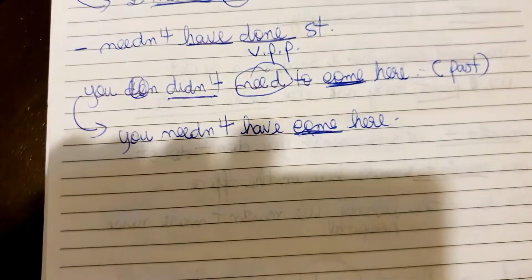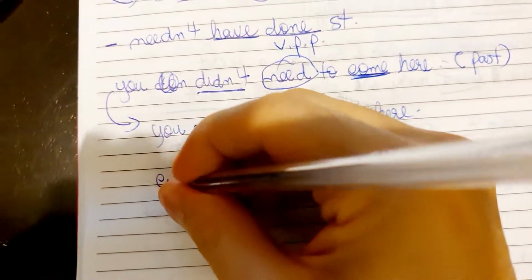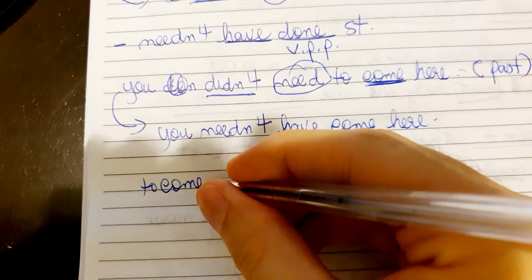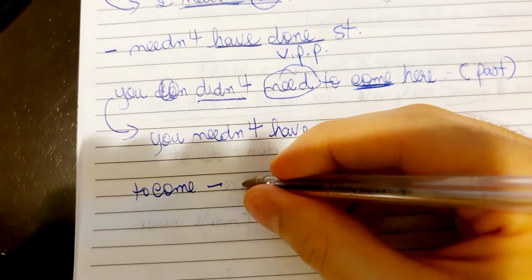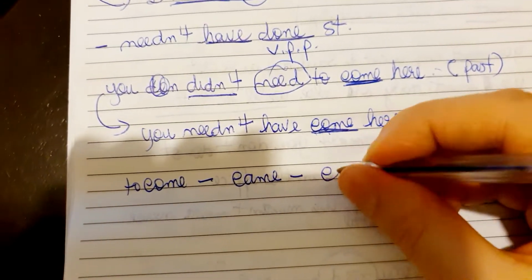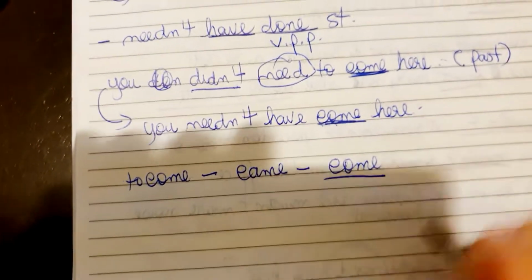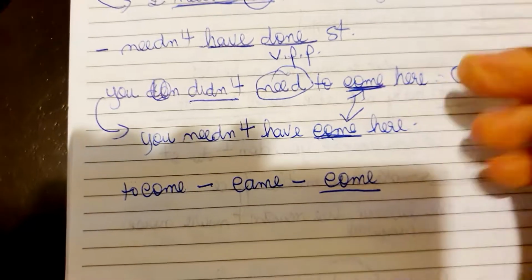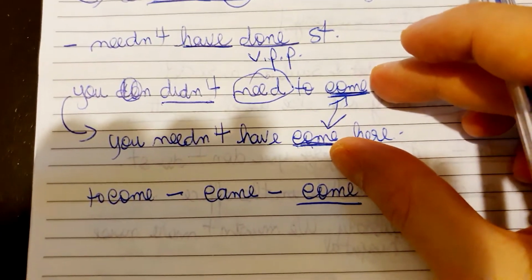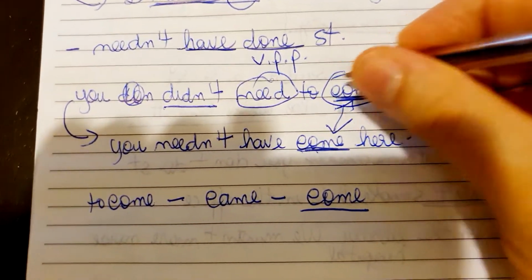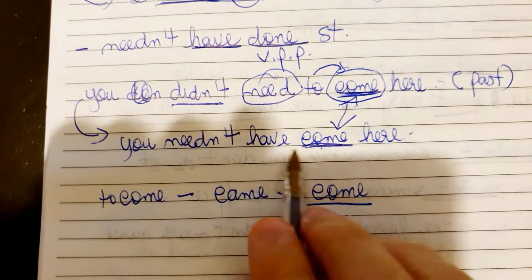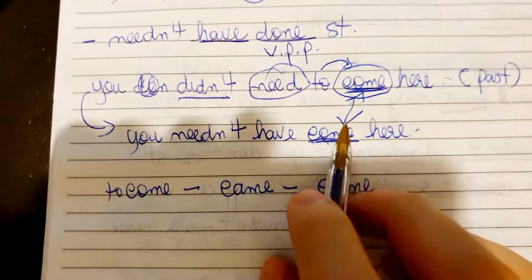Remember, if you don't know already, that the verb come, to come, is the infinitive form. The simple past is came, and the past participle is come. So the spelling is the same, but the verb tense is different. Here we have the infinitive form. It's followed by the preposition to, and here we have the past participle.